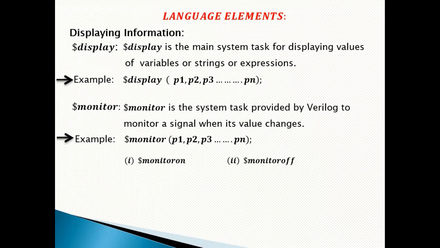The parameters P1, P2, P3, Pn can be variables, signal names, or quoted strings. $monitor continuously monitors the values of the variables or signals specified in the parameter list and displays all parameters in the list whenever the value of any one variable or signal changes. Unlike the $display system task, $monitor needs to be invoked only once. If there is more than one monitor statement in a given simulation, the last monitor statement will be the active statement.